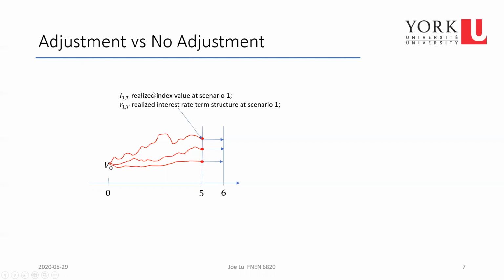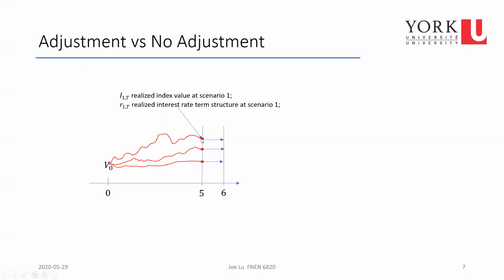Now, once you have that for scenario 1, you know exactly what the payoff is going to be at year 6. And you know exactly how to discount that value back to year 5 because you know the realized interest rate.